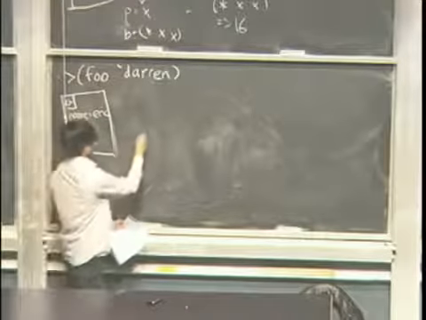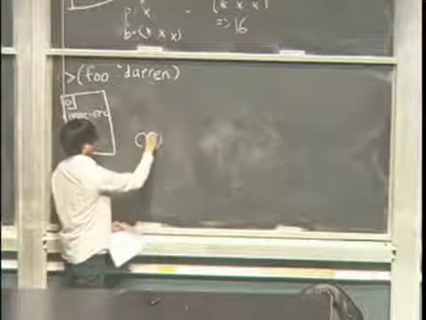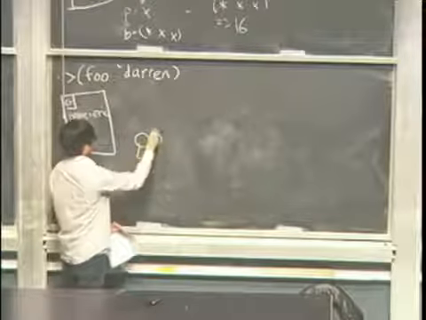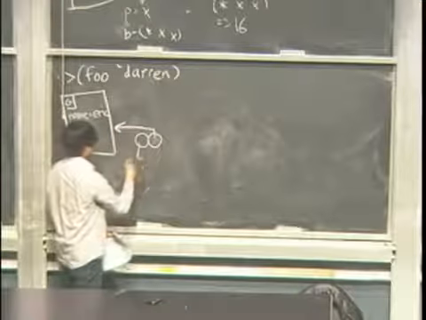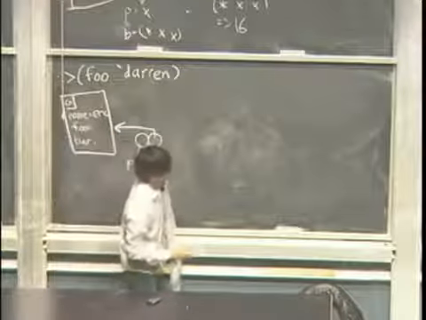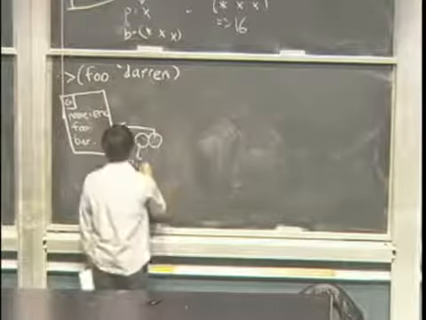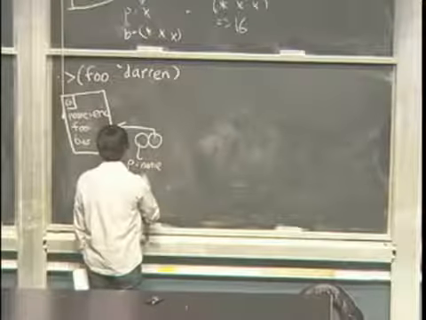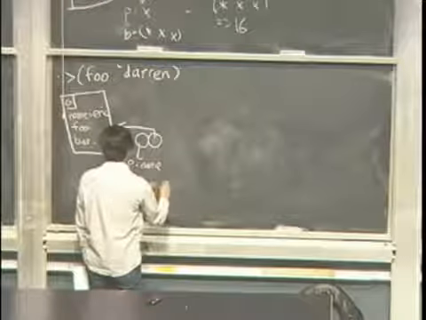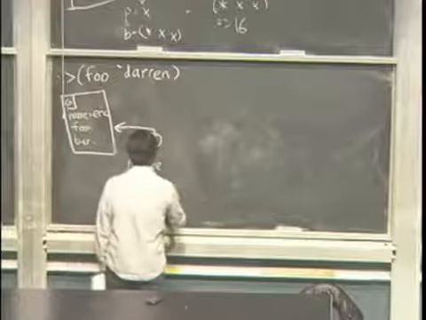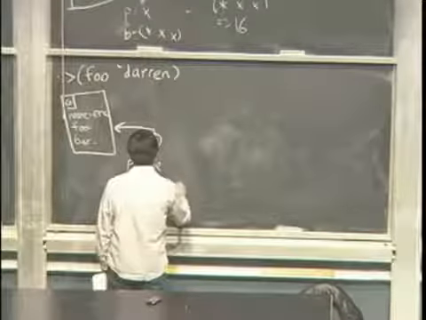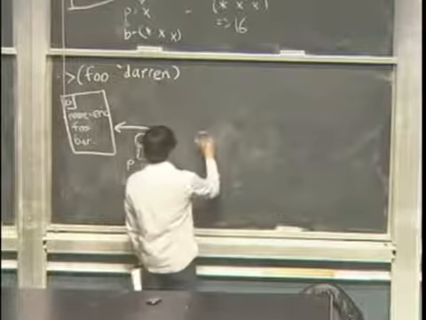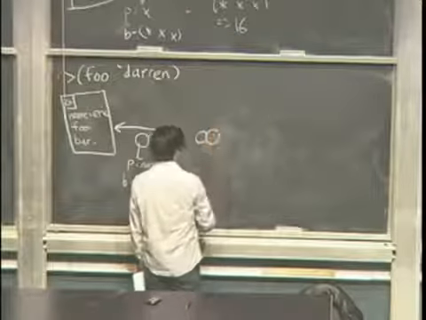And foo is this lambda that takes in a name, and its body is to call bar with arg, or name.